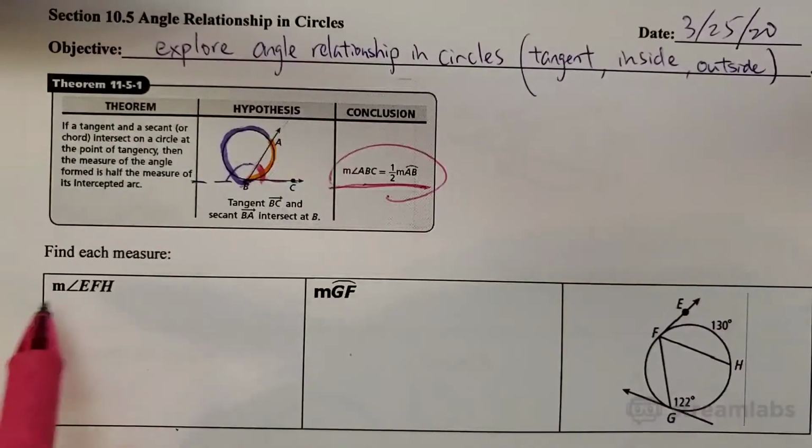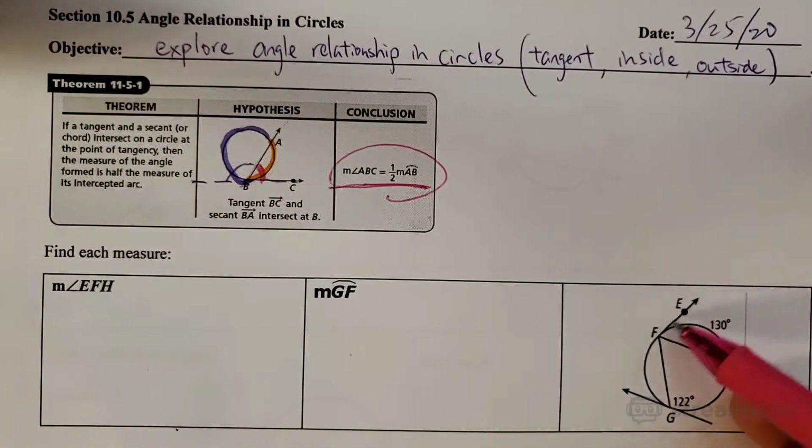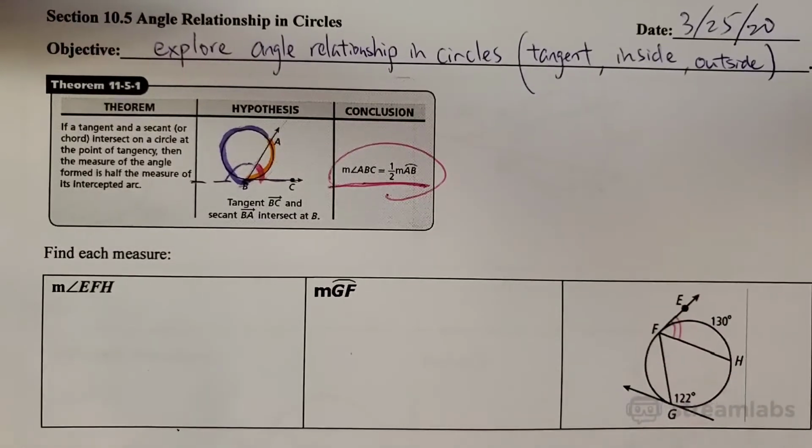Okay? Let's do an example. For example, what is measure angle EFH? That's right here. That's a tangent angle, right? Because it touches at one point. So if that's a tangent angle, then what would be your arc?